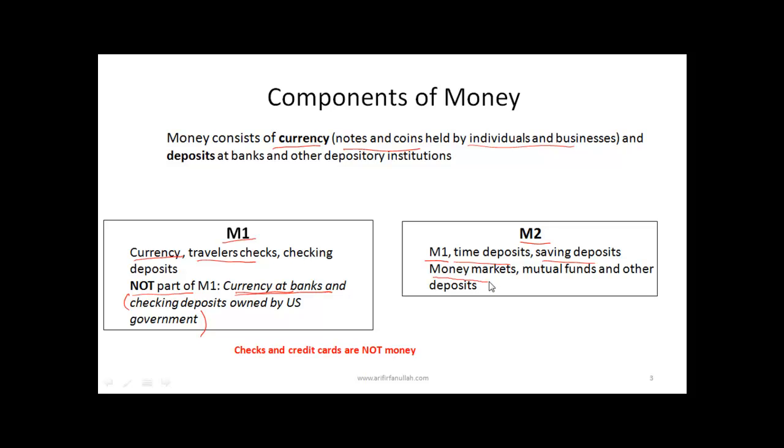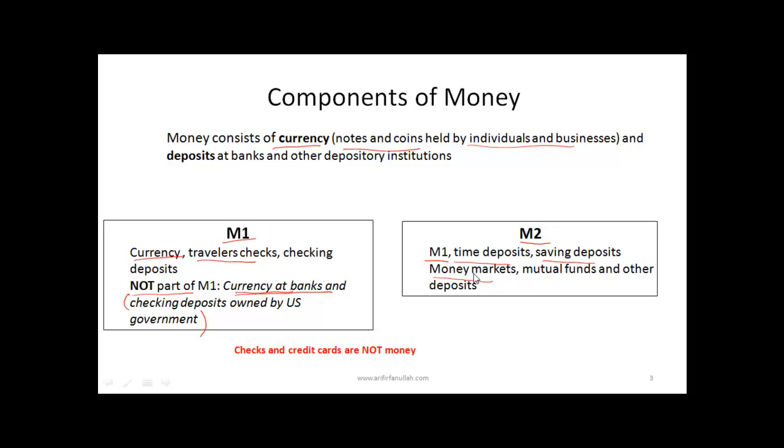Also, money markets. Does everybody know what money markets are? If you put your money in a money market account, what happens with your money? Your money is used to buy T-bills and other very short-term, very safe and liquid investments. So even money markets are considered part of M2.